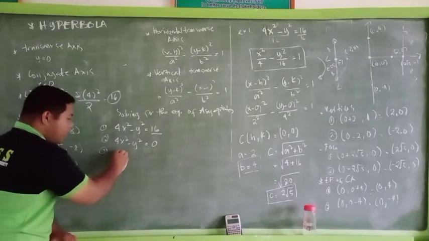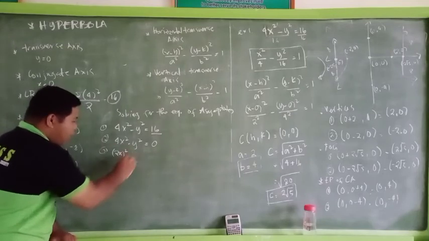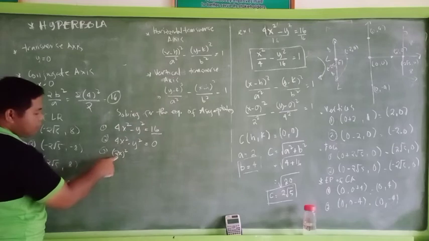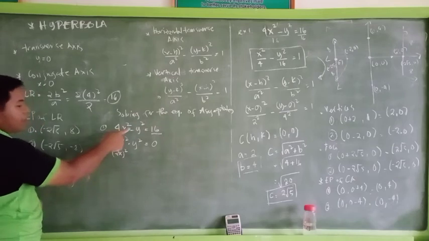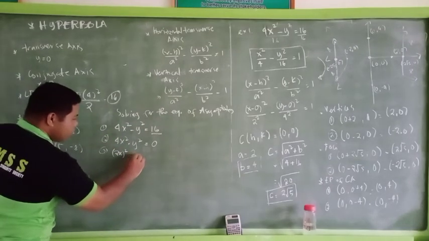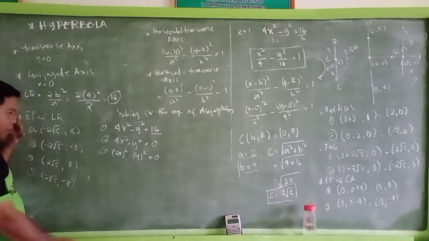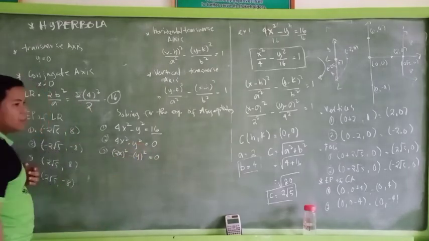Tapos yung x squared, that is x. I-square natin siya, so 2x tapos square. So 2 raised to 2, that is 4. X times x is squared. So 2x raised to 2 is the same as 4x squared. Ito ha, minus y tapos squared is equals to 0. So y raised to 2 is the same as y squared.